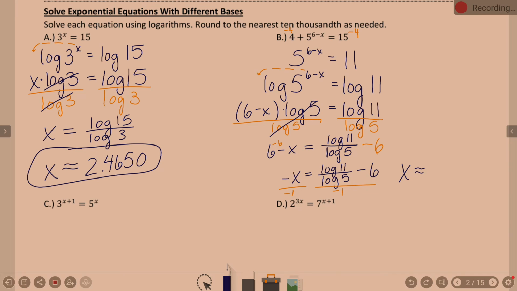Okay? That would be my suggestion. And then after you do that, what's the next piece I need to do? Subtract 6, hit equals. And then the last piece is to divide by negative 1, which dividing by negative 1 is just going to change my sign, isn't it?